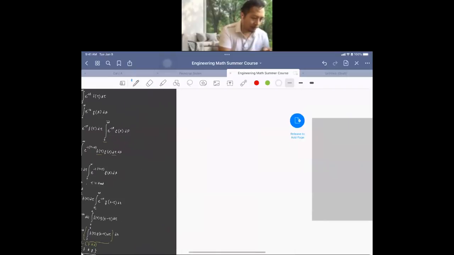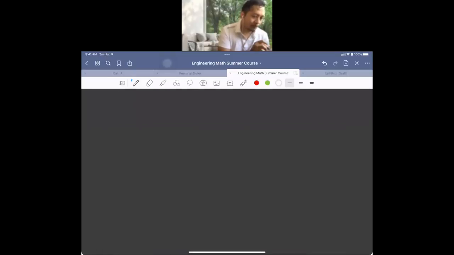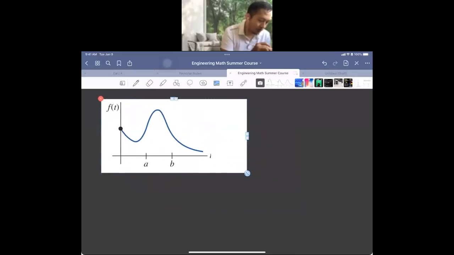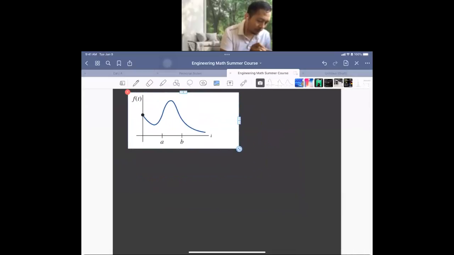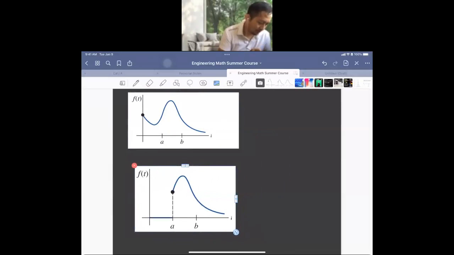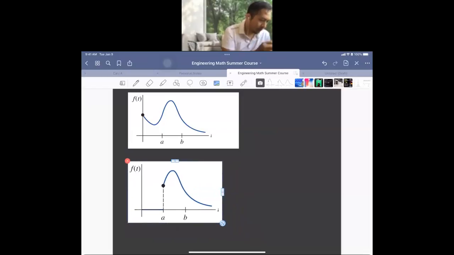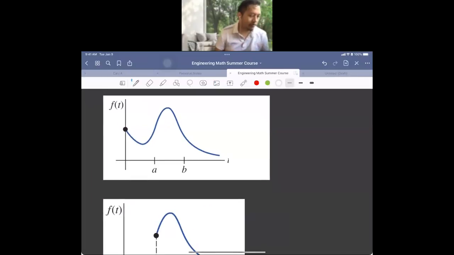Now let me give you some idea on the Heaviside function, or the unit step functions. Imagine the first picture is our original function, we call f of t.